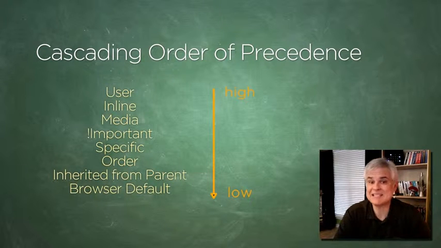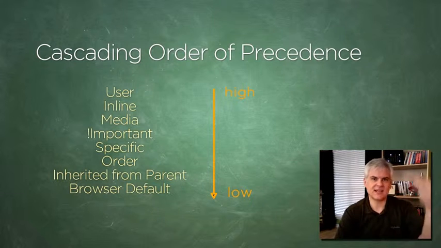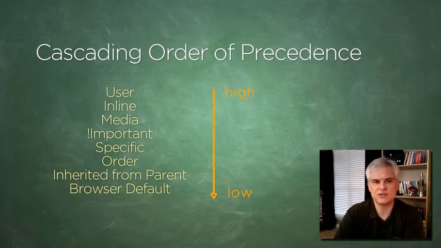So we are able to easily override the default style sheet by defining a style at any other level in between user and the browser's default. Most of what we do is with regards to either inline styles, and you can see that that has a very high precedence. There's also this importance that we just talked about a moment ago.